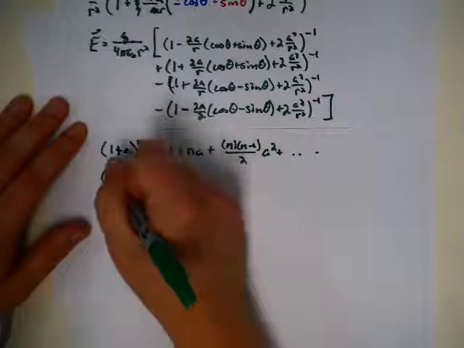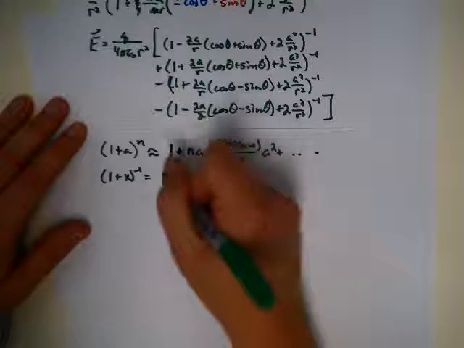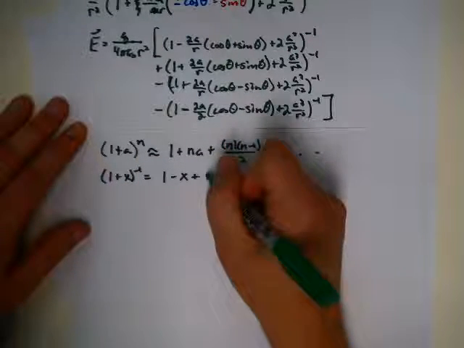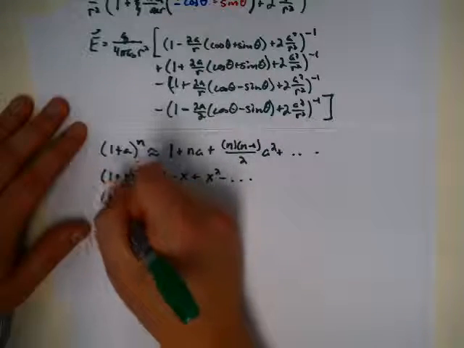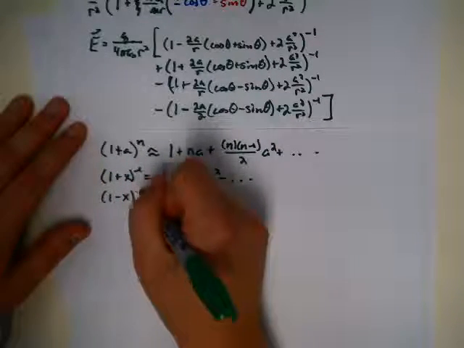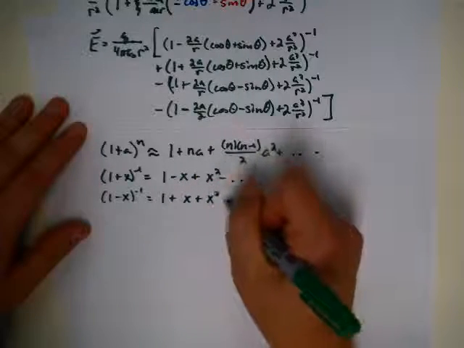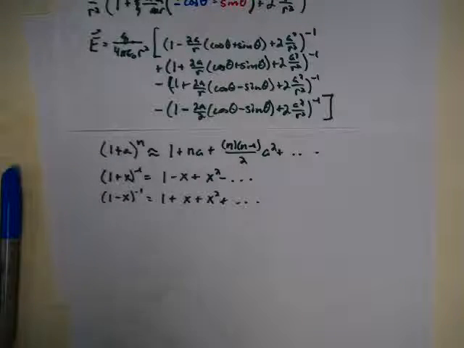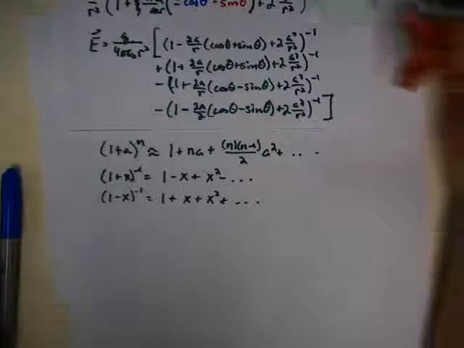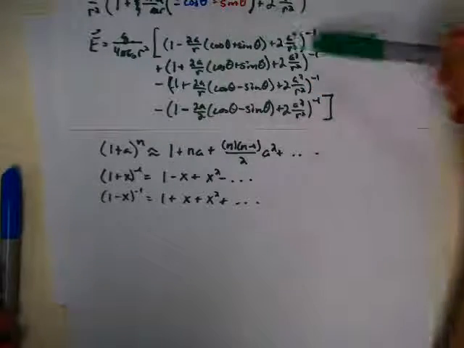For us, 1 plus x to the minus 1 power is going to be 1 minus x plus x squared minus dot dot dot. And 1 minus x to the minus 1 power is 1 plus x squared plus dot dot dot. Well, why do we care about that? Because now we can expand, because a over r is tiny. And so we can expand each one of these things.